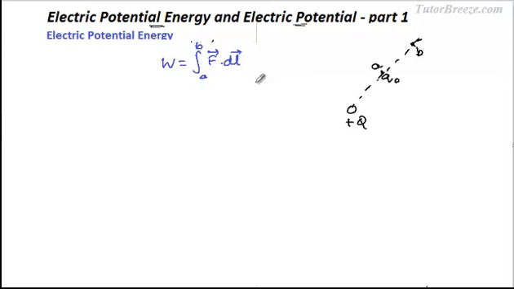Now see, we need to use integration over here because at each point of its path the force is going to be different, since the force between the two charges is given by Coulomb's law. Let's just find the integration. 1 by 4 pi epsilon naught is a constant.